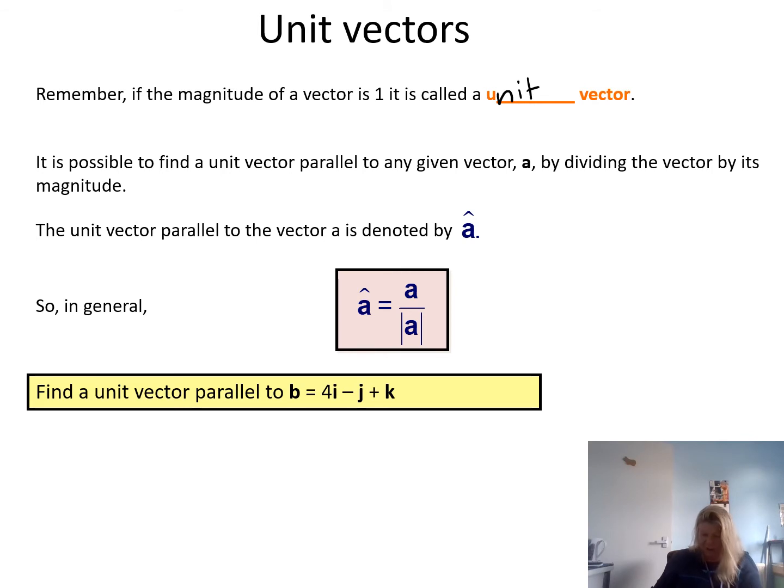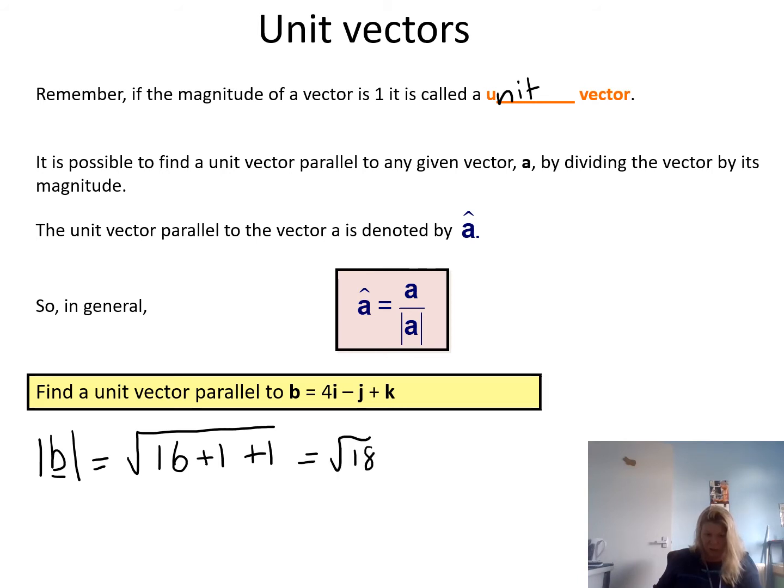So we need to find its length. It would be a bit of Pythagoras. 4 squared is 16, 1 squared is 1, and 1 squared is 1. So root 18, which works out, if you're doing it on your calculator, as 3 root 2.